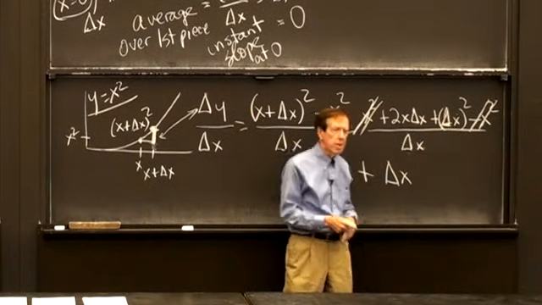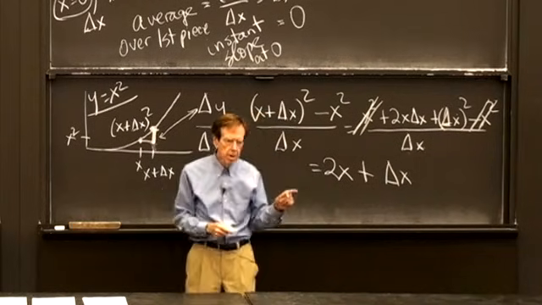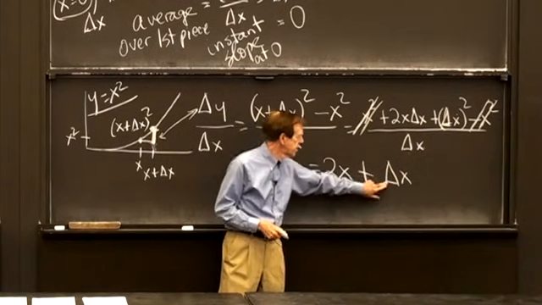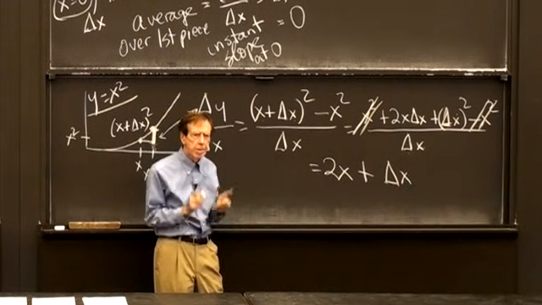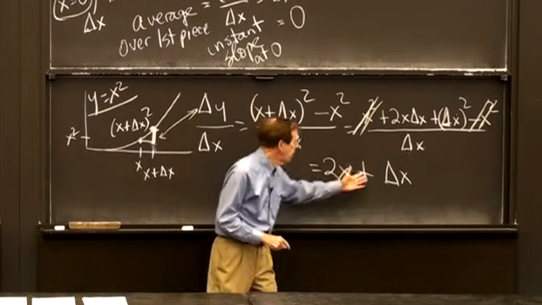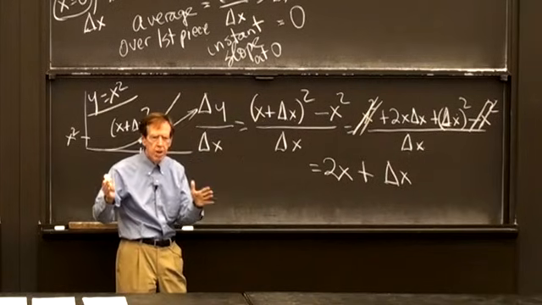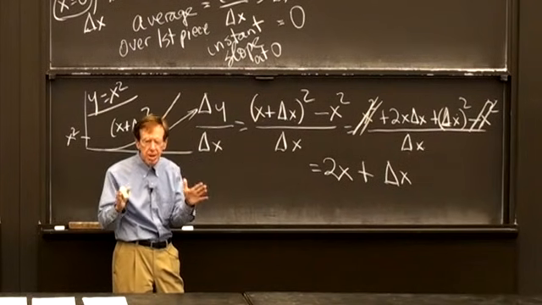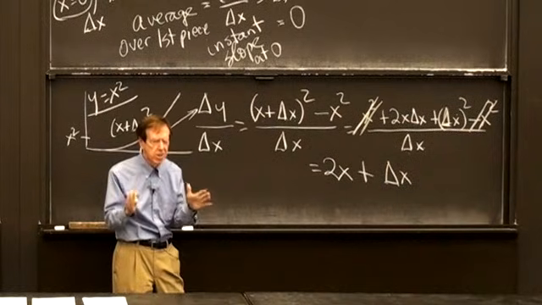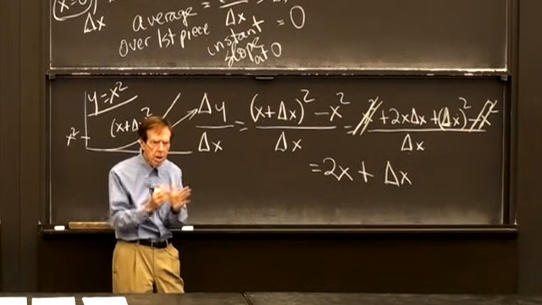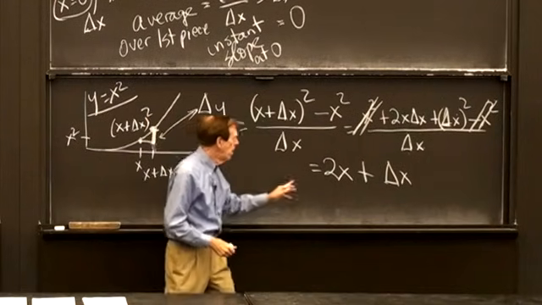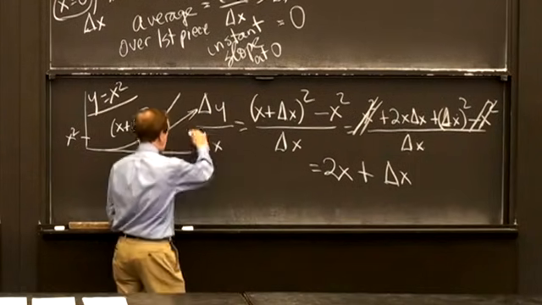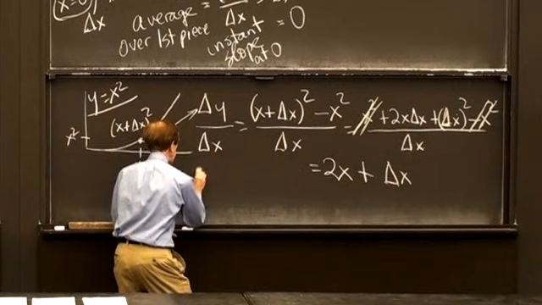Delta x squared, when divided by delta x, gives us this, which is going to disappear. That's the point. This was the average over a short, but still not instant, range, distance. Now, what happens now, dy dx.